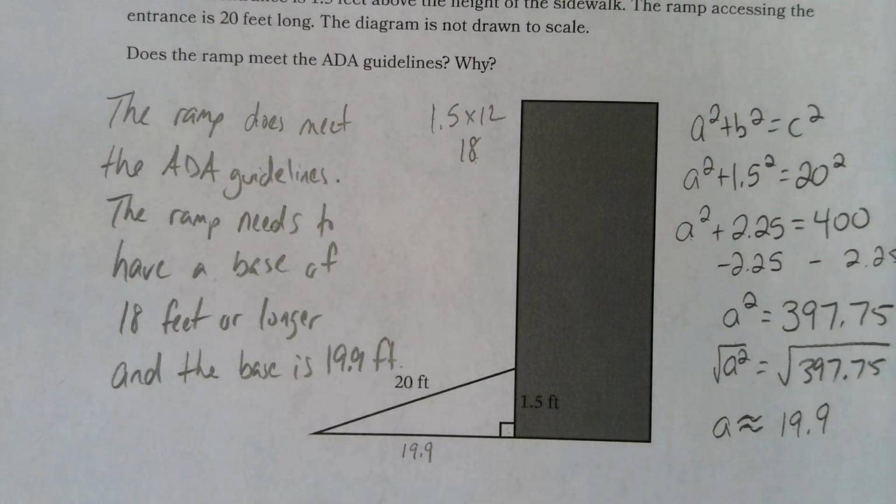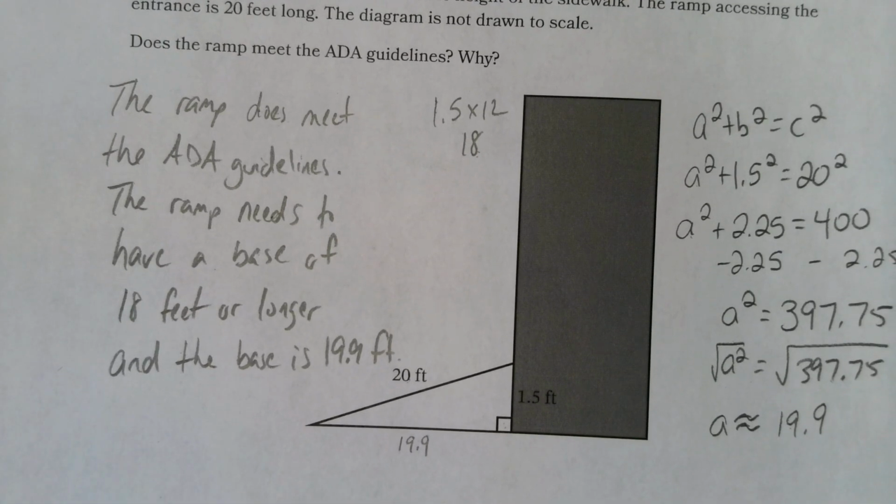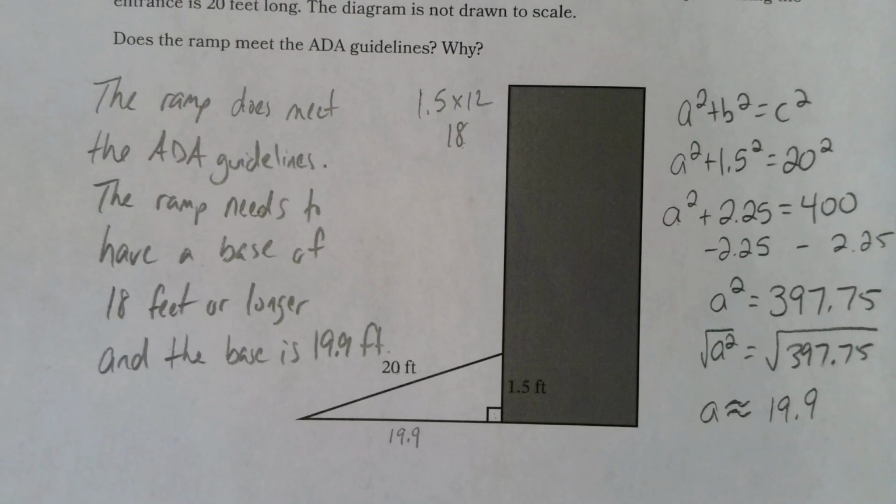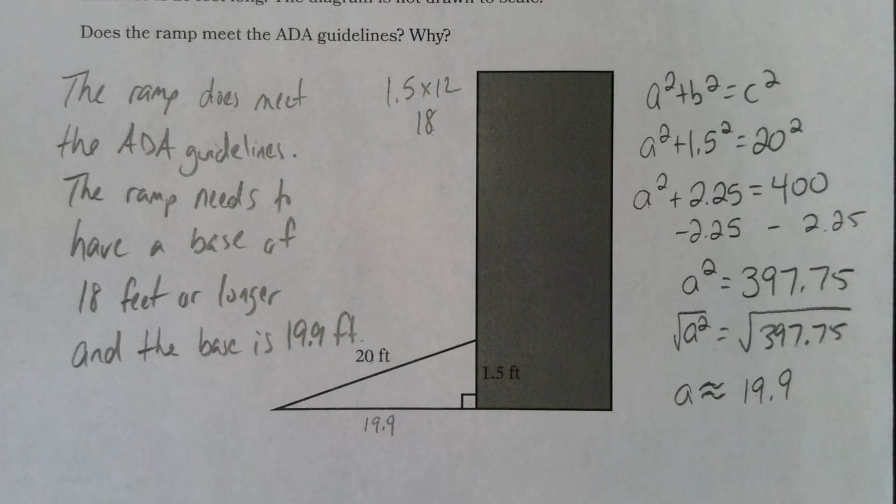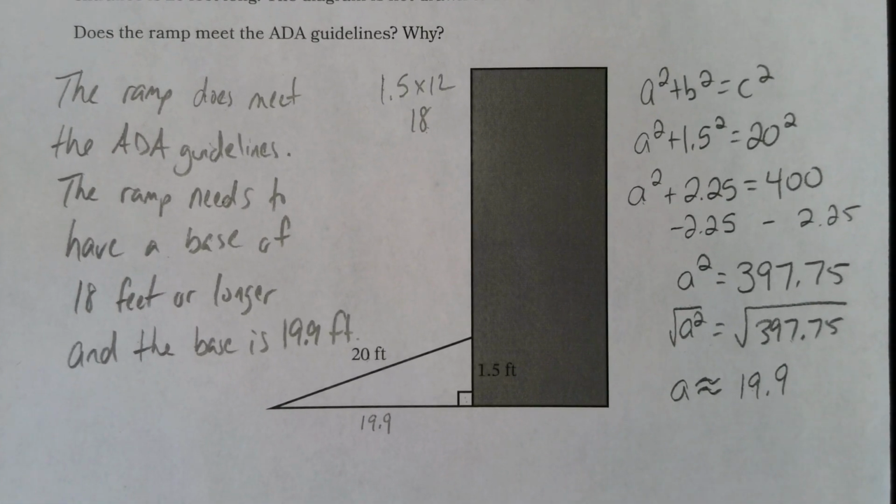The ramp does meet the ADA guidelines. The ramp had to be 18 feet or longer, and the base was 19.9 feet, so that checks off the box of a correct ramp.